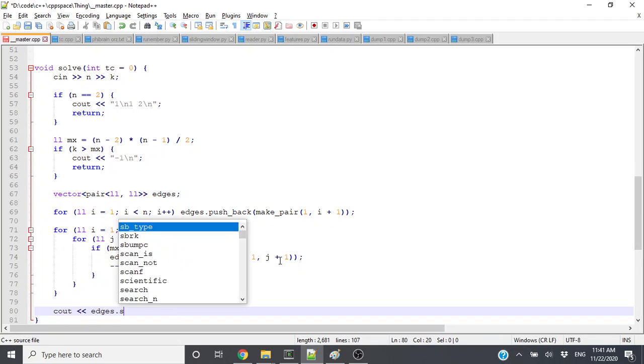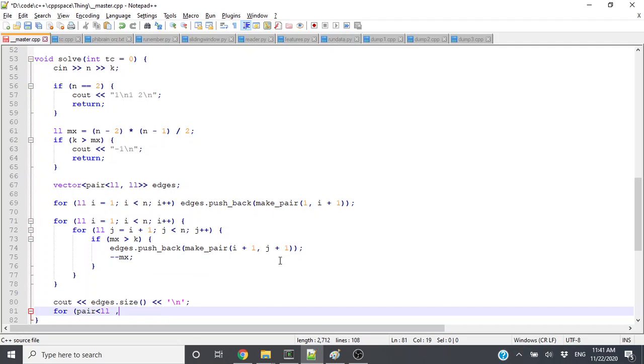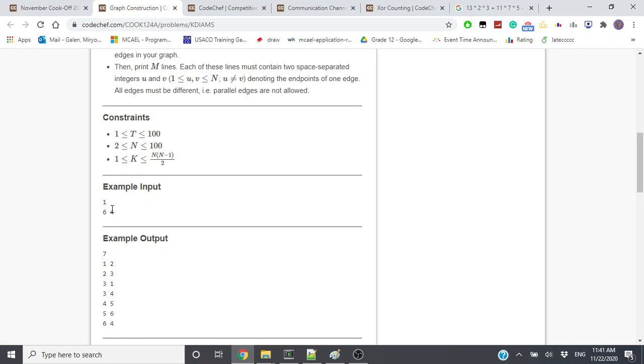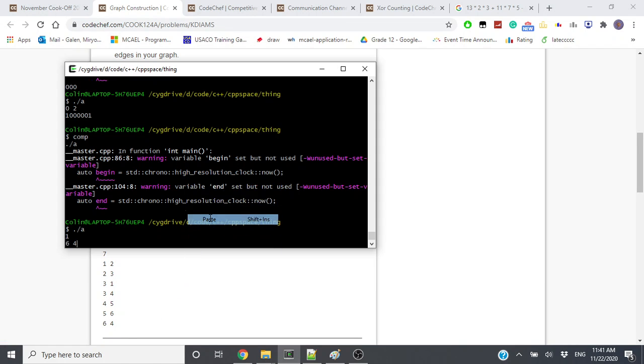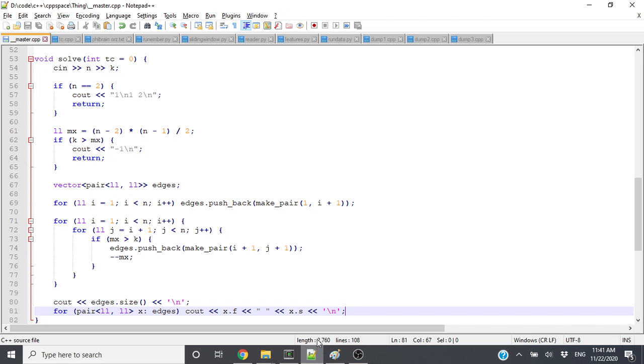Then print edges dot size. That looks pretty good. So we have 11, let's see. So we have 6 nodes.